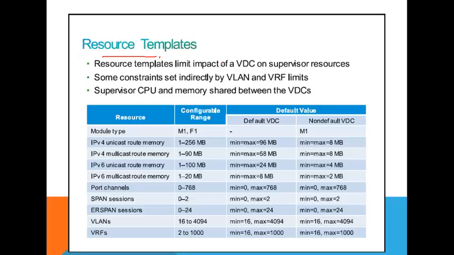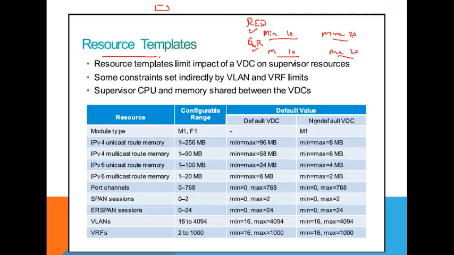Instead of me saying to every VDC, VDC red, you take a minimum of 10 VLANs, maximum of 20 VLANs, green VDC, you take a minimum of 10 VLANs, maximum of 20 VLANs, instead of repeatedly saying the same thing for multiple VDCs, we can create a template and call the template for each VDC, so that with single-time processing there is some uniform consistency in configuration for all non-default VDCs.